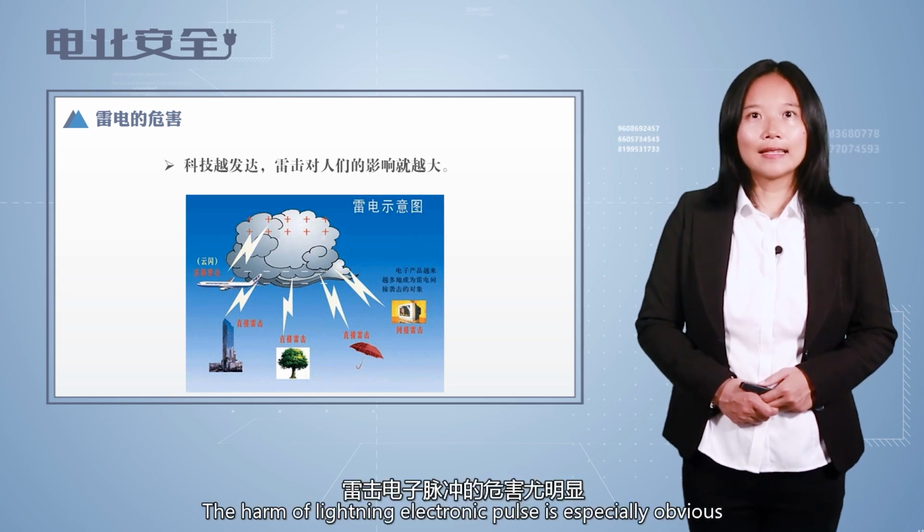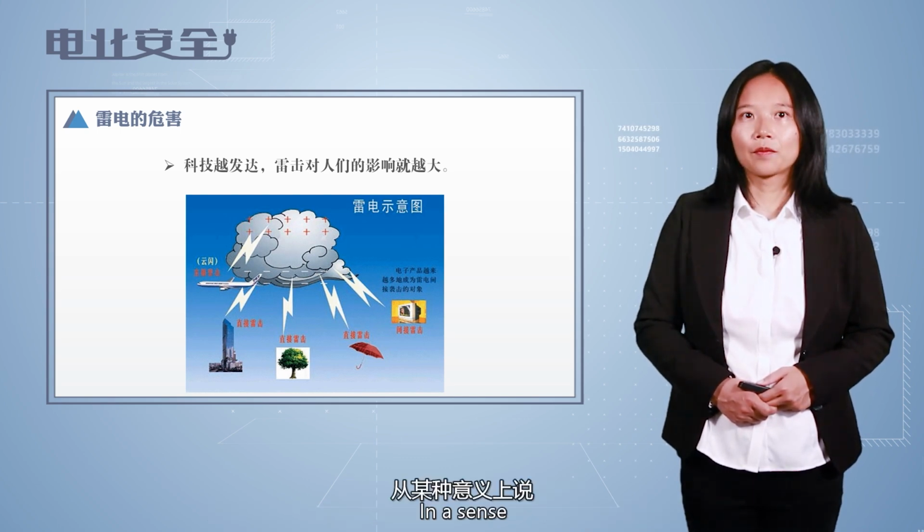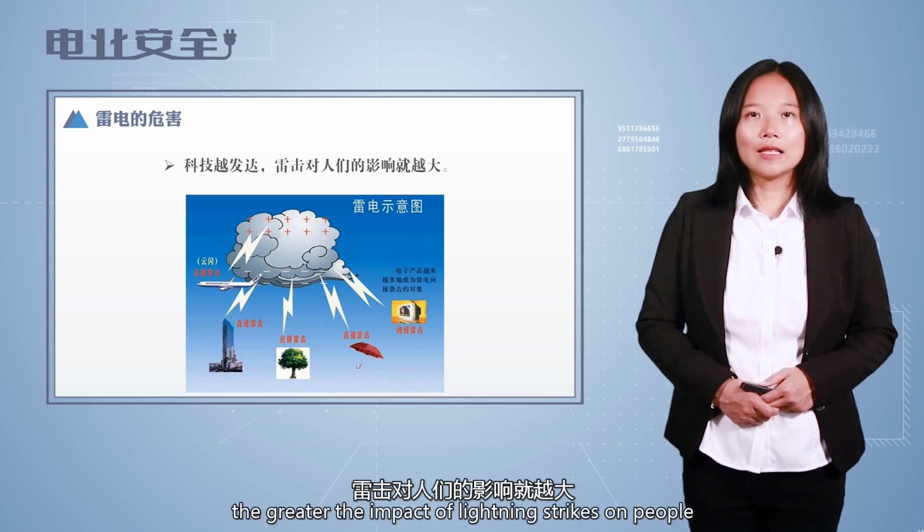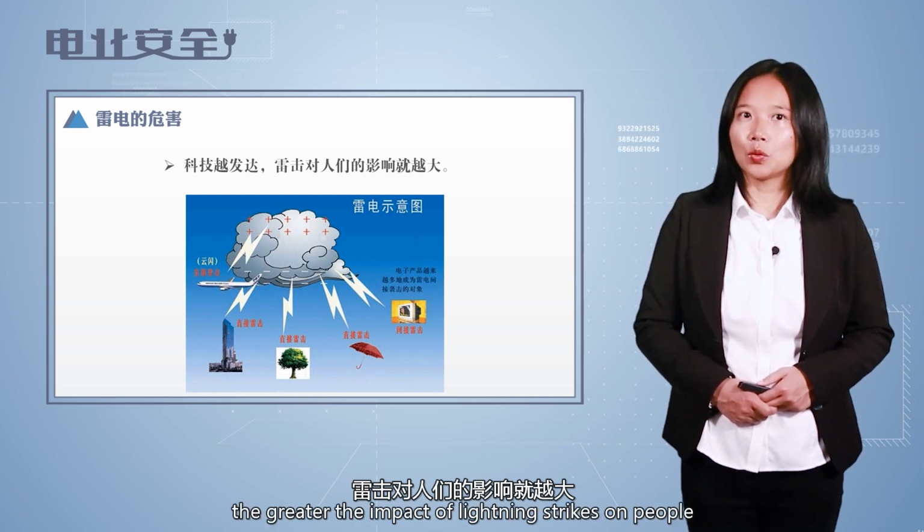The harm of the lightning electromagnetic pulse is especially obvious. In a sense, the more advanced the technology, the greater the impact of lightning strikes on people.